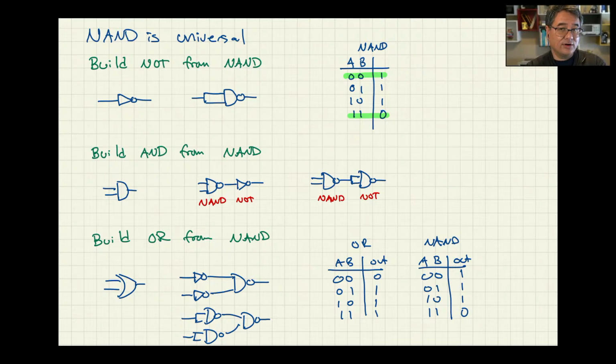You can buy a NOR SSD, and it'll be more expensive, and it will also be faster. NOR gates are actually faster than NAND gates, but they cost more. So there was a time, when SSDs were first coming out, roughly 10 years ago or so, when you could actually buy both kinds of SSDs. You could buy NAND SSDs and NOR SSDs.